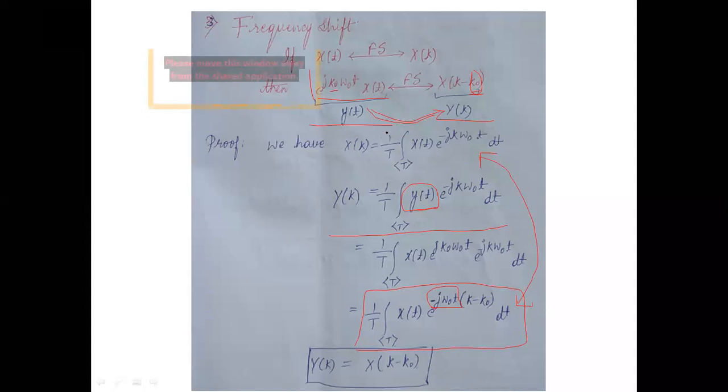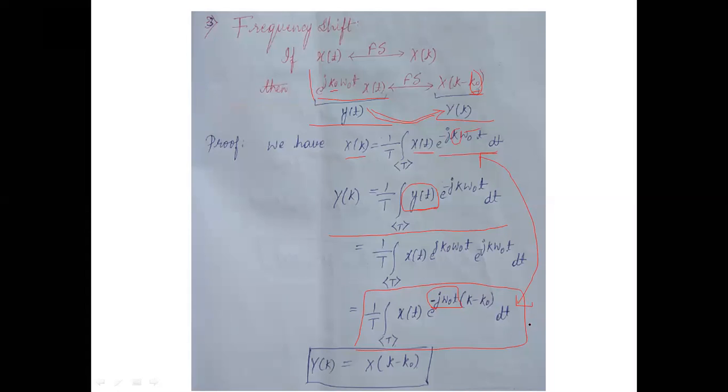This expression is the Fourier series coefficient of x of t. So if this is equal to x of k, then instead of k here, if I have k minus k naught, that corresponds to x of k minus k naught.